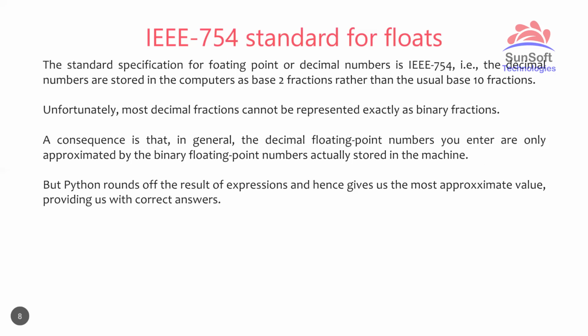They are not exactly the decimal points. But Python rounds off the result of these expressions and hence gives us the most appropriate value according to the approximation, which usually provides us with correct answers.